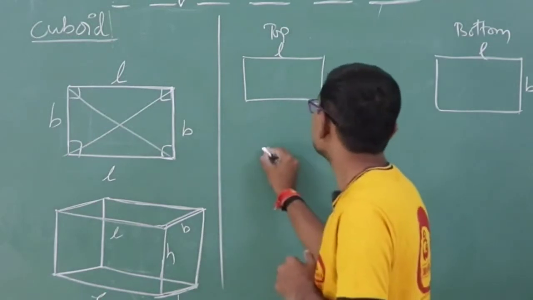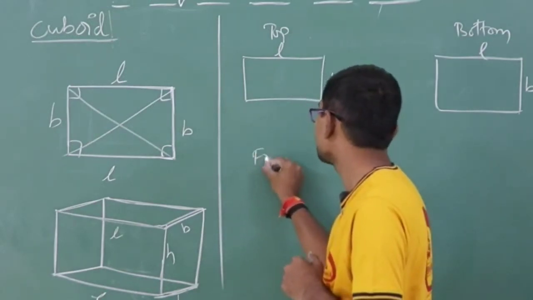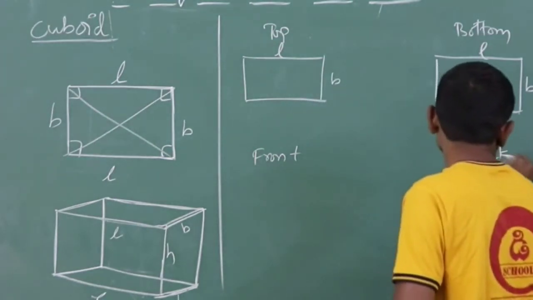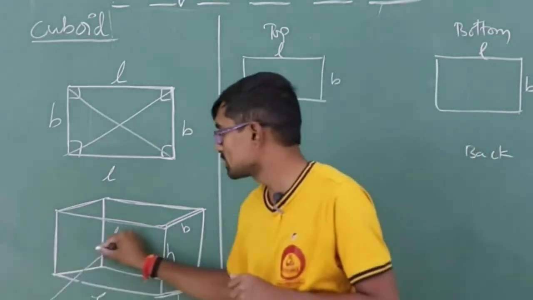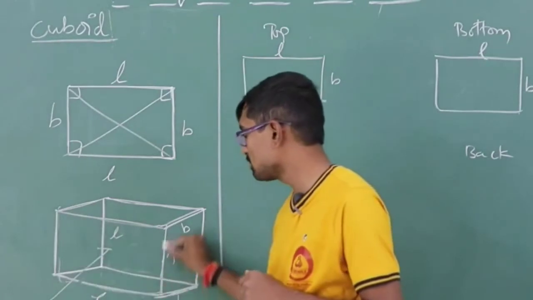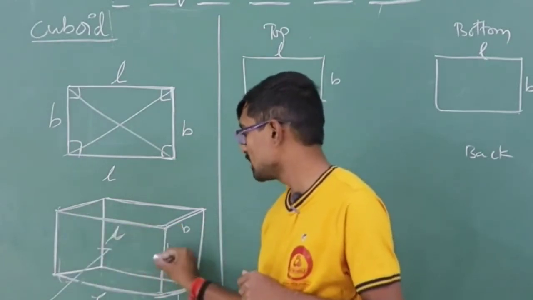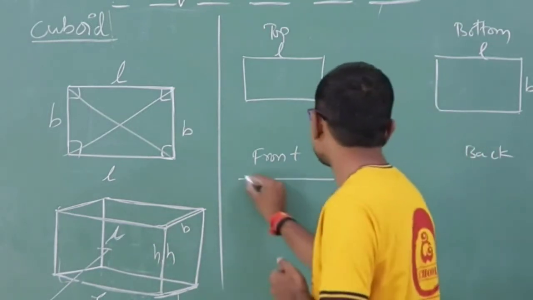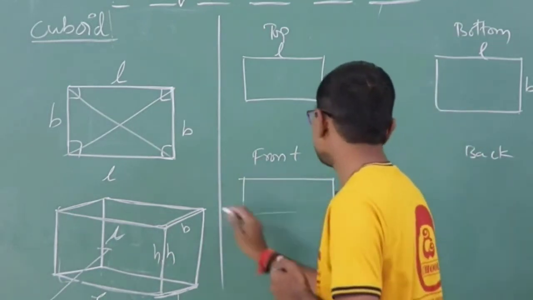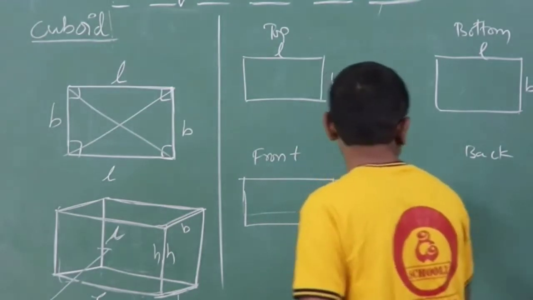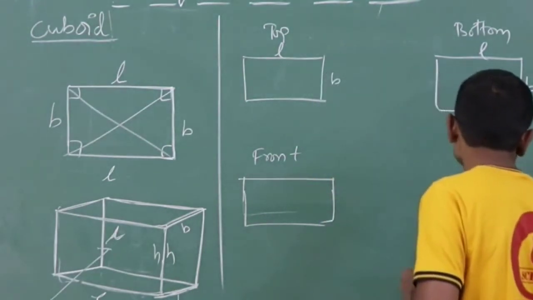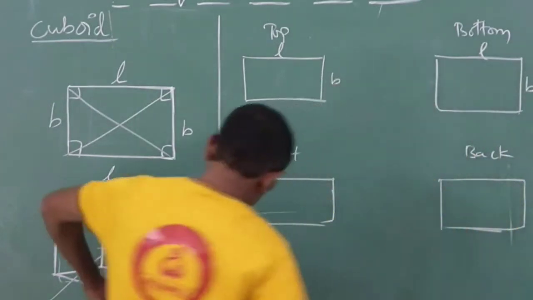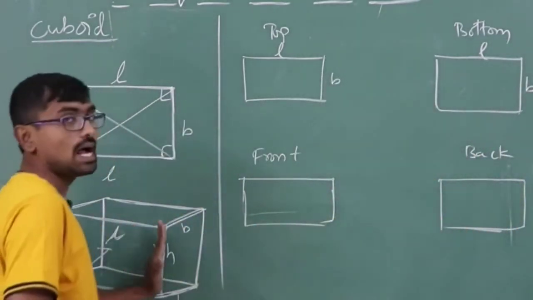Now if I take front and back, in the front side the dimensions we can see are length and height. We get a rectangle again, but the element values are changed. So front and back have length and height.